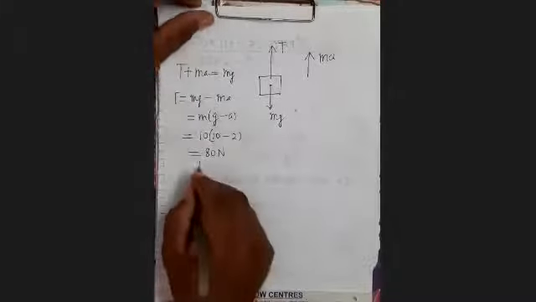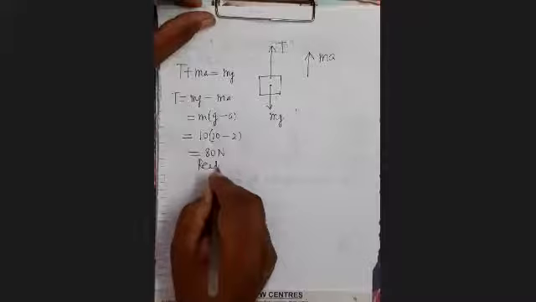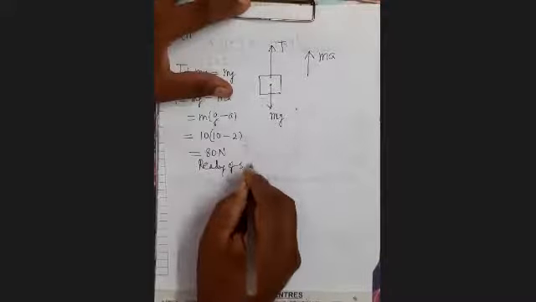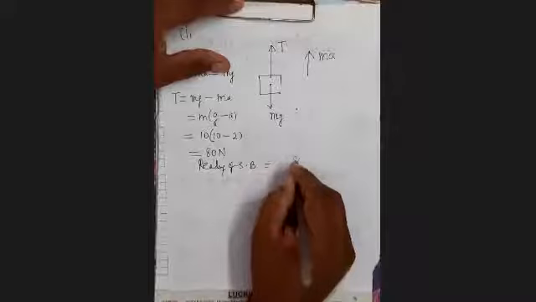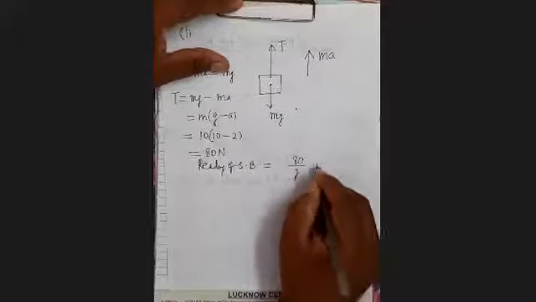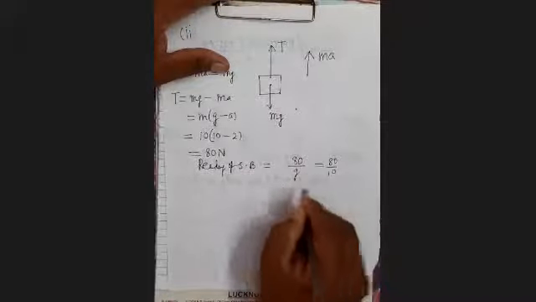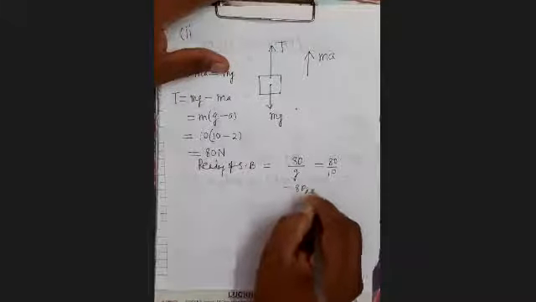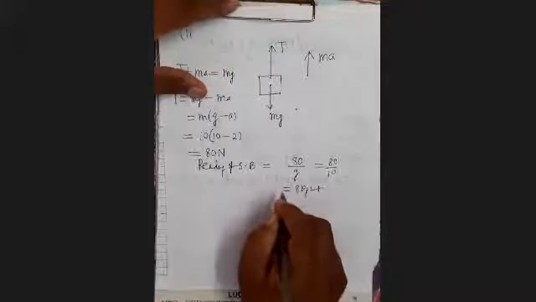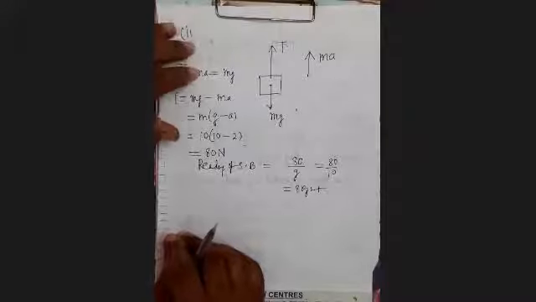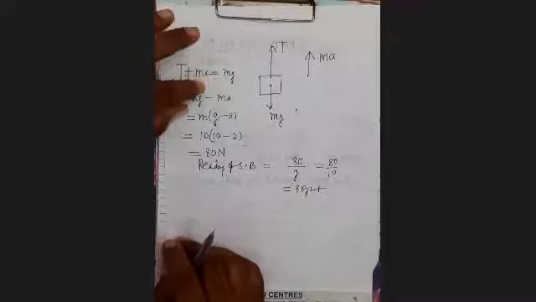So what is the reading of the spring balance? It will be 80 divided by g, that is 80 upon 10, 8 kilogram weight. Then descending with constant velocity. I have told this: if it is moving with a constant velocity, there will be no change in the weight. The reading of the balance will be equal to the actual weight.